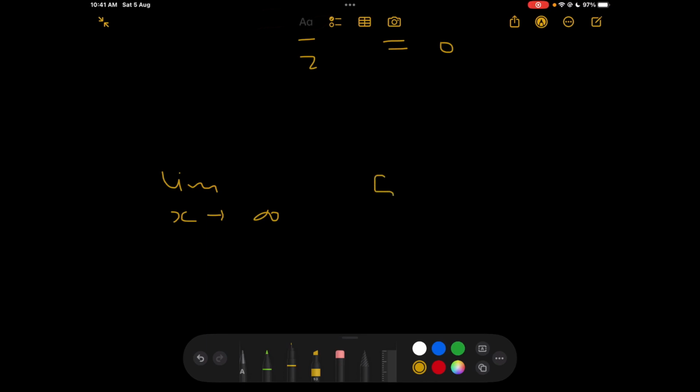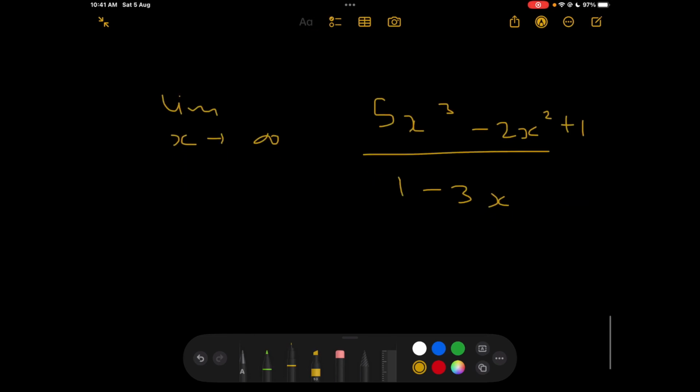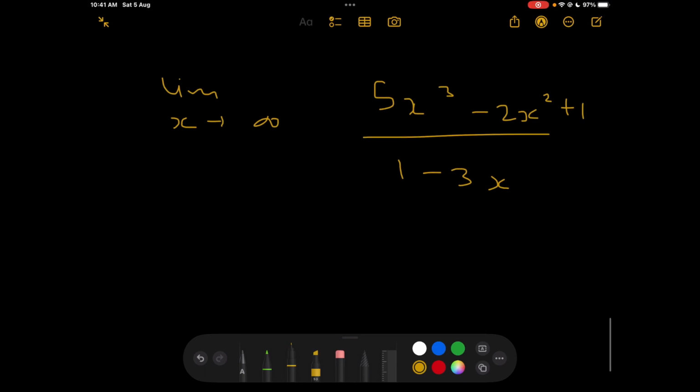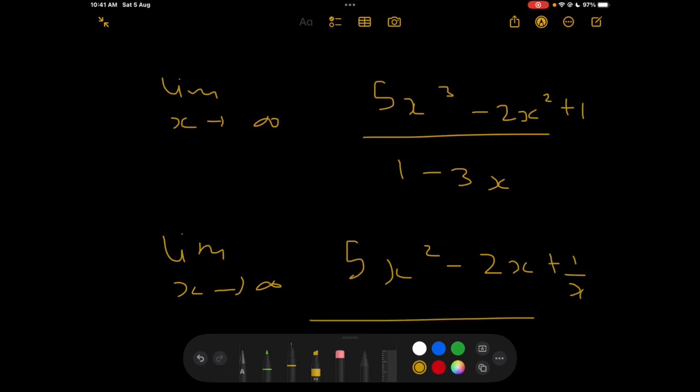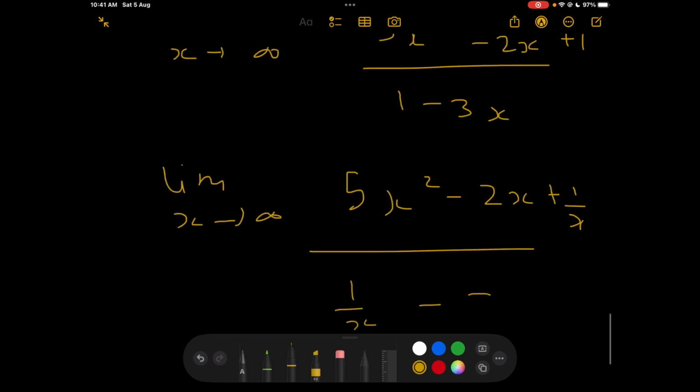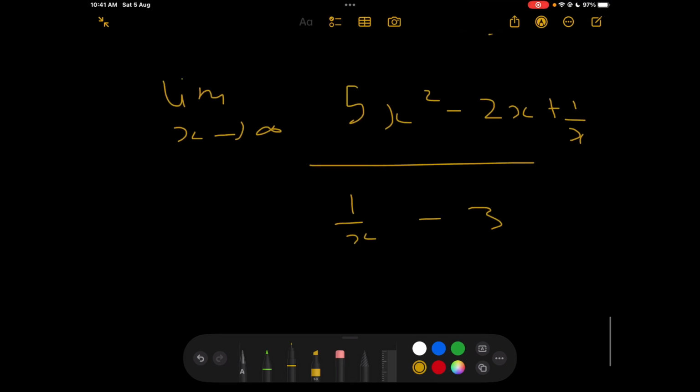So we have limit x tends to infinity (5x cube minus 2x square plus 1) upon (1 minus 3x). Like the earlier questions, we need to divide the numerator and denominator with the highest power of denominator, and this time it will be x. So we'll get limit x tends to infinity (5x square minus 2x plus 1 by x) upon (1 by x minus 3).